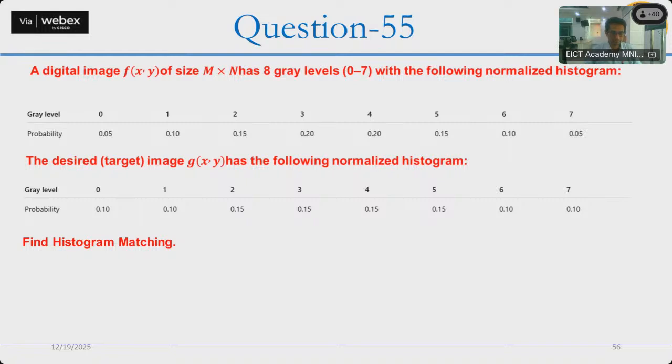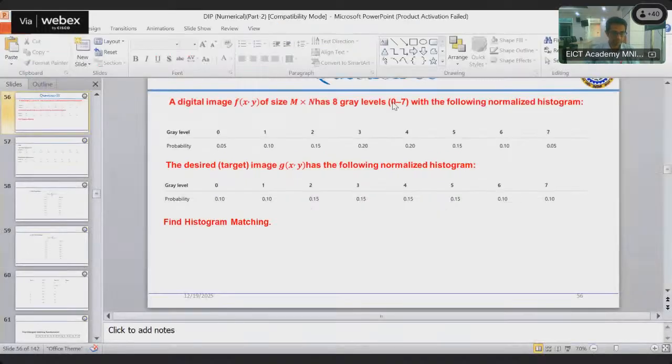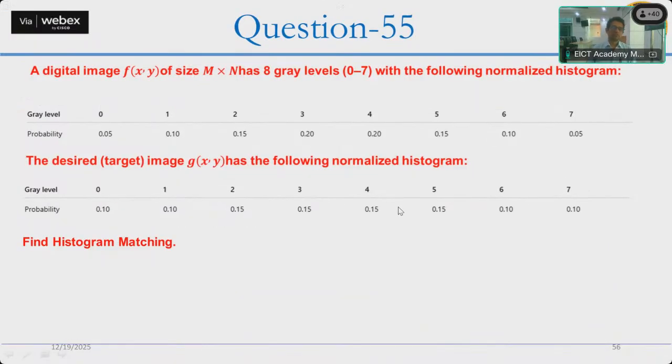Another problem. The digital image of size m by n has 8 gray levels with the following normalized histogram. The desired target image has the following normalized histogram. Two images are given with normalized histograms. Find the histogram matching.